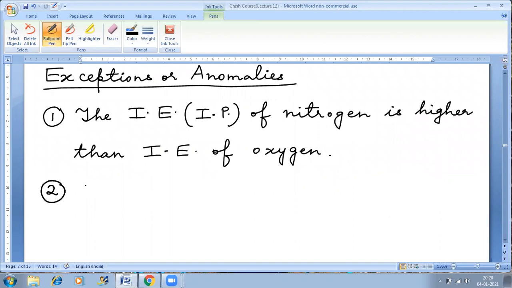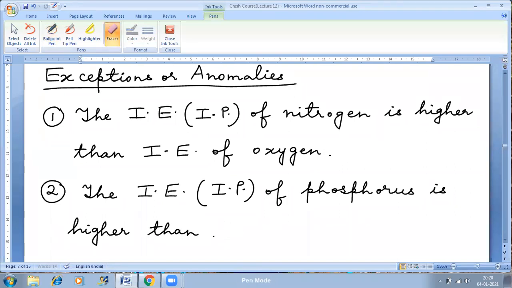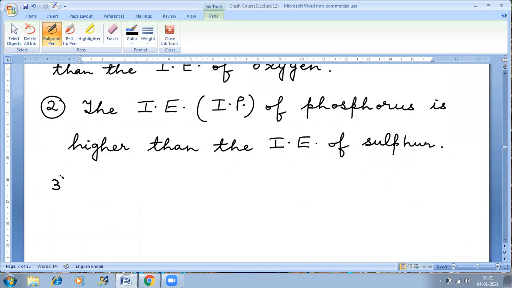Similarly, next exception. Certain exceptions after the ones that I'm writing.